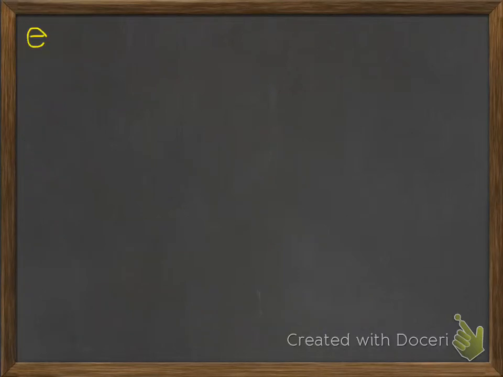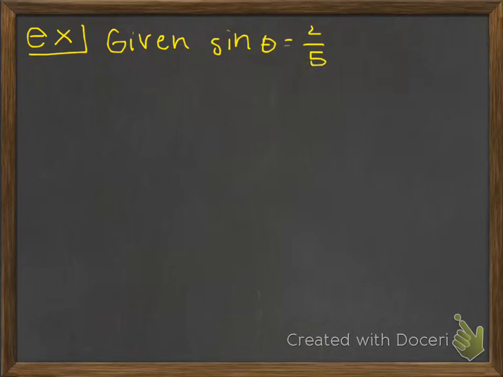So the first example says given that sine of theta is equal to 2 over 5. That's a 2 up there. And cosine of theta is equal to the square root of 21 over 5.